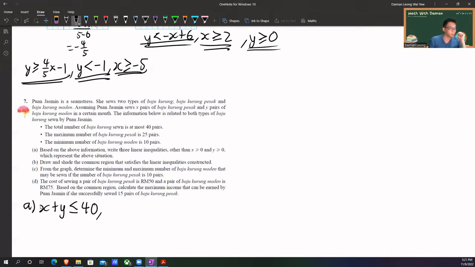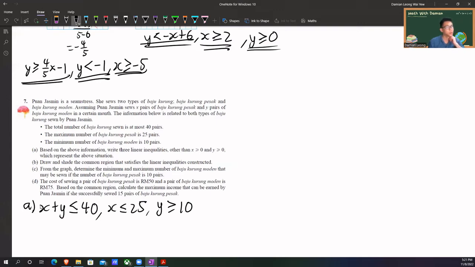First inequality. Maximum means cannot be more also, so less or equals. Baju kurung pesak is the X, less or equals 25. Then the third one, minimum number of baju kurung modern is 10 pairs. Minimum means must be more than or equal to. So modern is the Y, more equals 10. So yeah, these are the 3 inequalities.